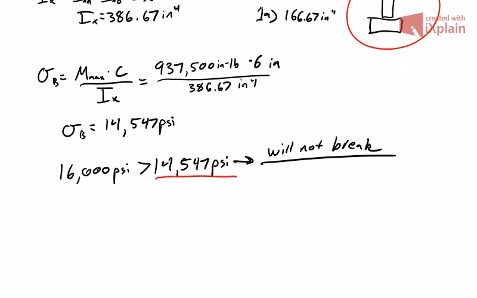If you look back at 1A, the maximum bending stress was 28,125 psi, which was greater than the 16,000 psi that would break it. So just by rearranging the shape of our beam, we are able to take it from something that will break to something that will not break. All right, and that is how you get through this problem.